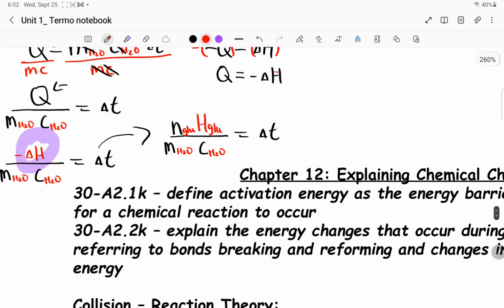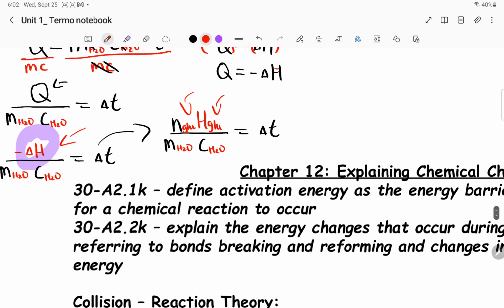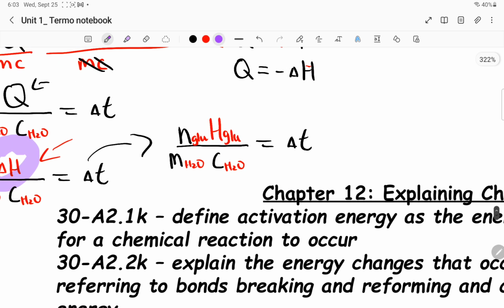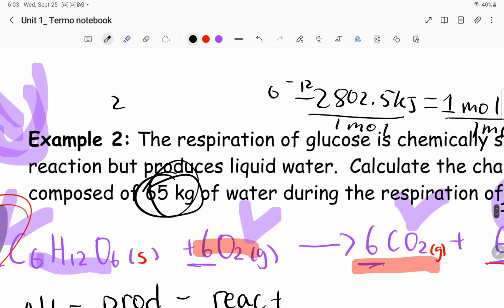All right? Because the delta H talks about the reaction itself, which is why we include glucose, because that's what we want. So we can stop right there for our formula. So right now, we know the mass of water. It's given in the question, 65 kilograms.